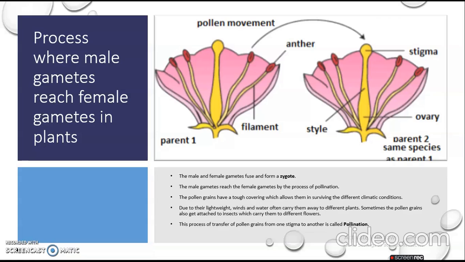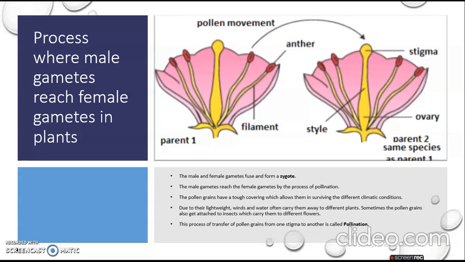The male and female gametes fuse and form a zygote. The male gametes reach the female gametes by the process of pollination. So a zygote is formed where the male and female gametes fuse, and pollination is where the male gametes reach the female gametes.